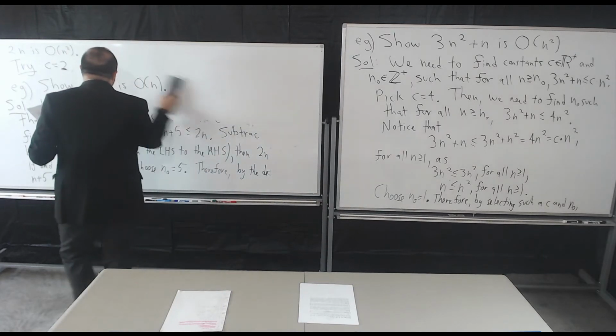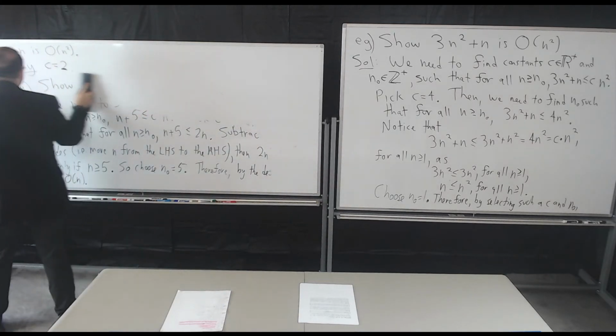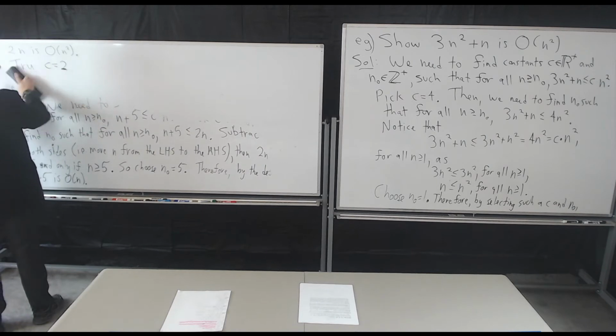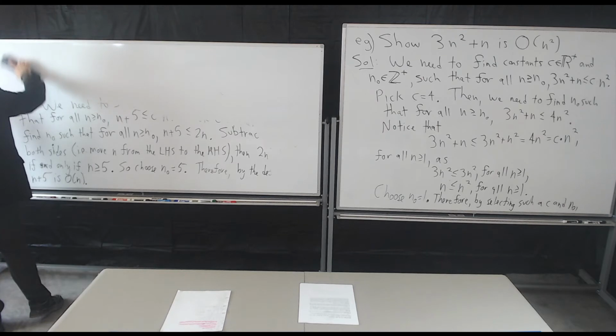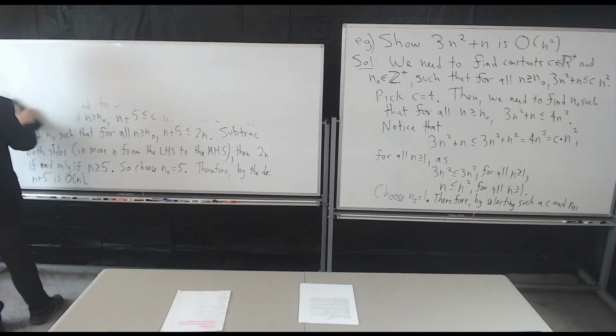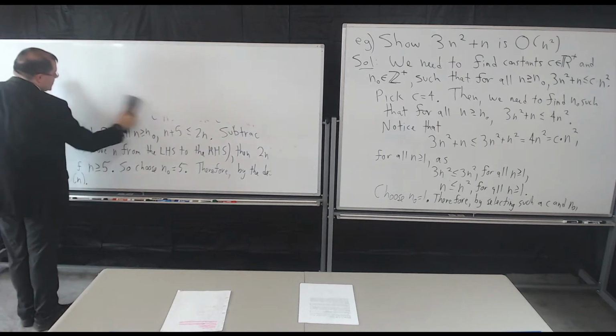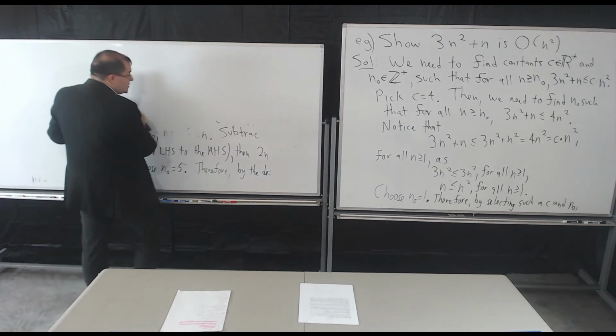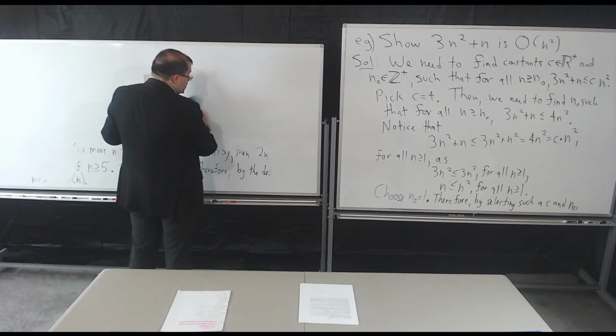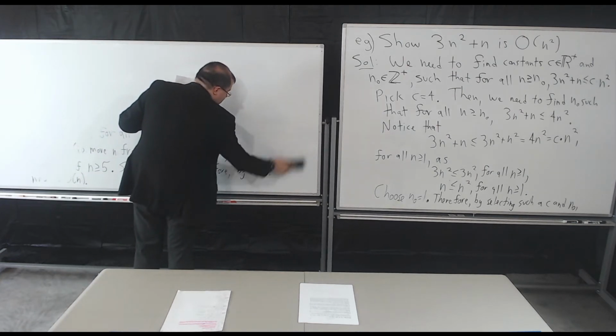If I pick such a C and n0, what does that imply? What follows from that? What follows, everybody? We get our conclusion, right? Because I found C and n0, which are the ones in my definition.